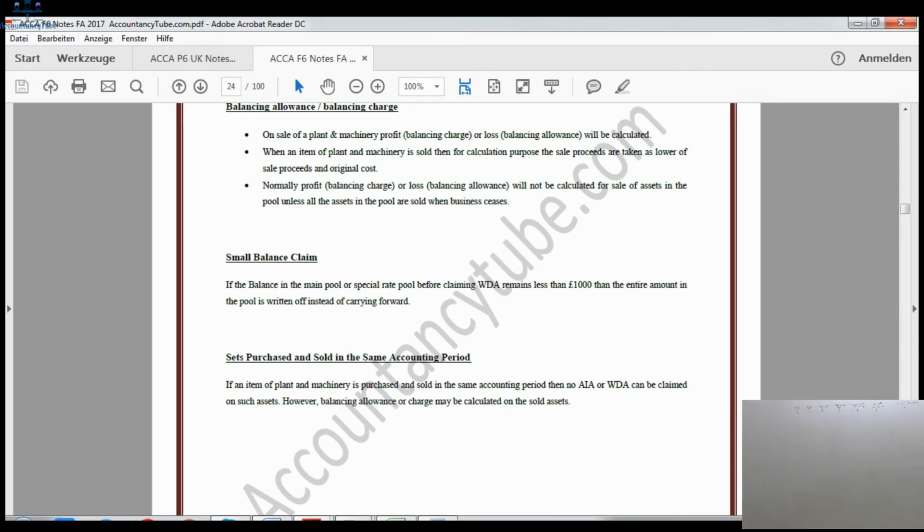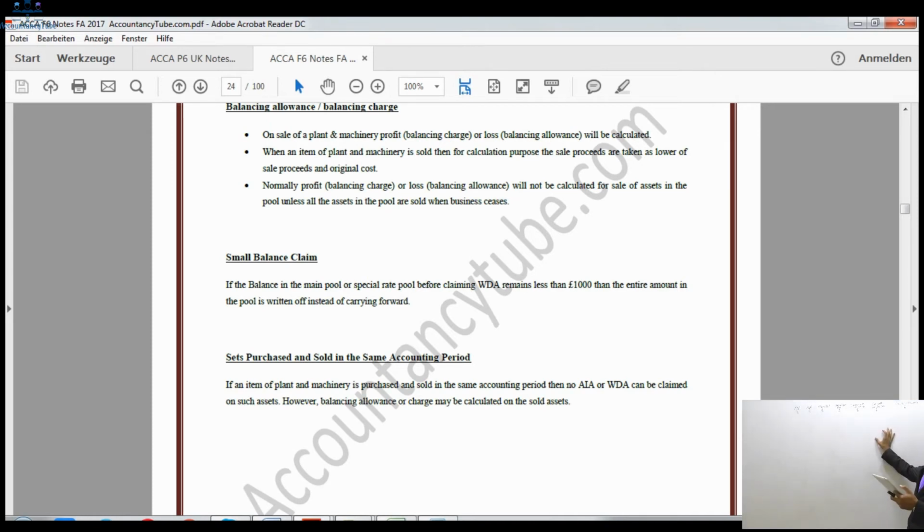So it says on sale of plant and machinery, a balancing charge or a balancing allowance will be calculated. When an item of plant and machinery is sold, for calculation purposes sales proceeds are taken as the lower of sales proceeds and original cost. Normally, a balancing charge or balancing allowance will not be calculated for the sale of an asset in the pool unless all the assets in the pool are sold. Now, what does it mean? Because we are going to make a separate pool for the privately used assets, there will be a separate column where we will list all the privately used assets.